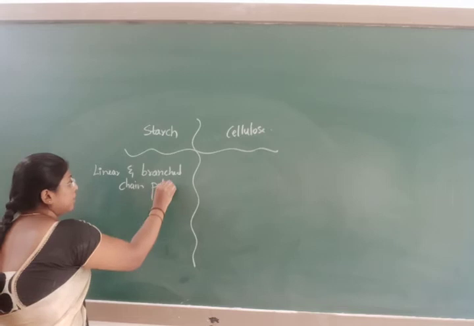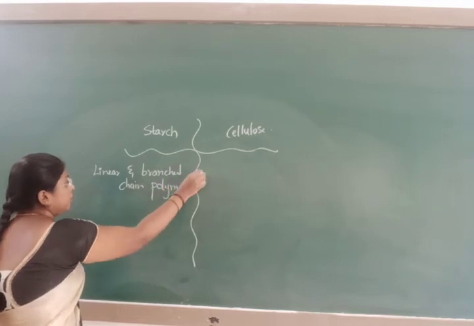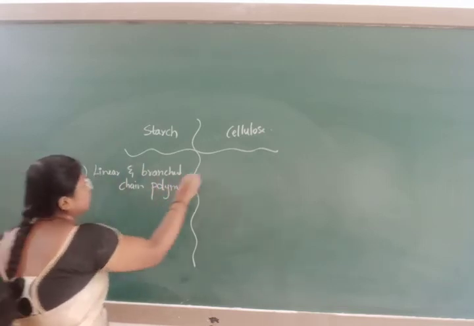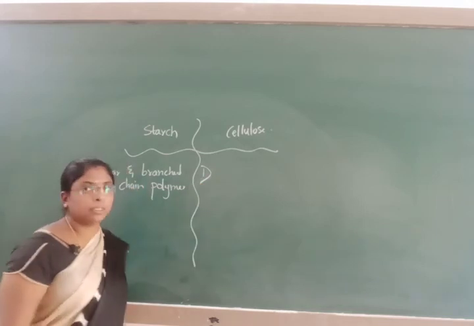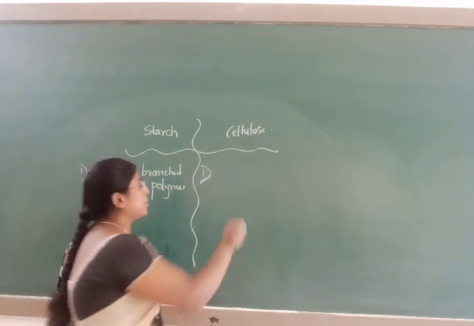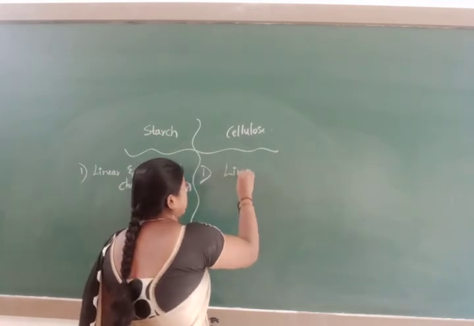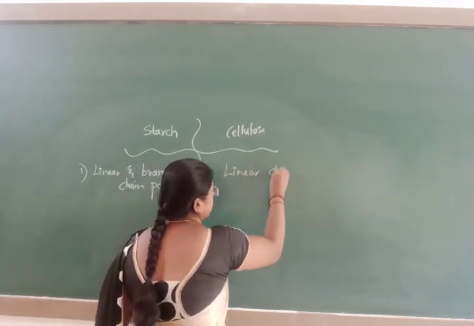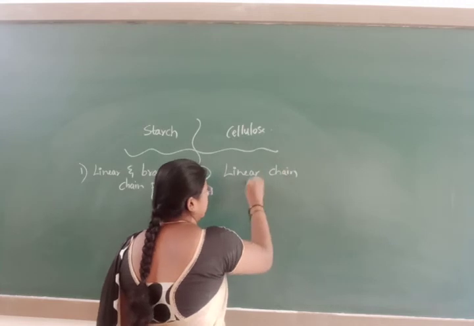If I consider cellulose, it is made up of only the linear chain polymer. In cellulose there is no branching, only linear chain polymer. That is the structural difference.